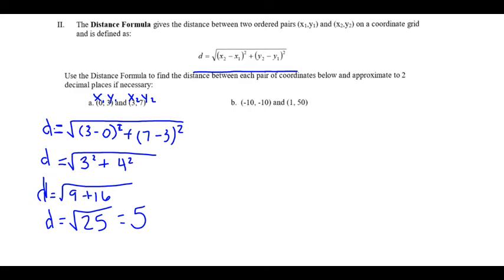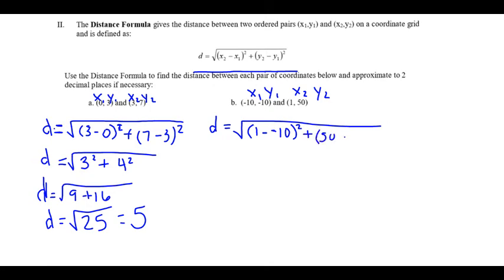All right, let's try B. I'm going to call this x1, y1, x2, y2. So we'll say d is equal to the square root of 1 minus a negative 10 squared plus 50 minus a negative 10 squared.